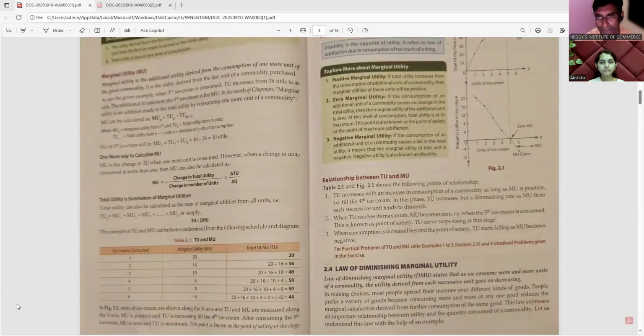Right? Now again we'll proceed to the next step. Now we can understand on the basis of the diagram. Let's see. In this paragraph, an explanation is given about the MU and TU. Whatever I explained orally is given in theoretical form also, right? Now we understand the tables and diagrams.